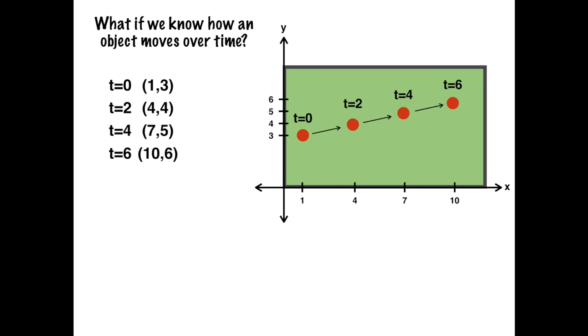So what we're going to look for is, instead of a y equals equation, a function of position with respect to time. So that's where this p of t comes in. p is going to stand for position, t, time, is our variable, and we're going to get an ordered pair that's going to be a function of x with respect to time and a function of y with respect to time.